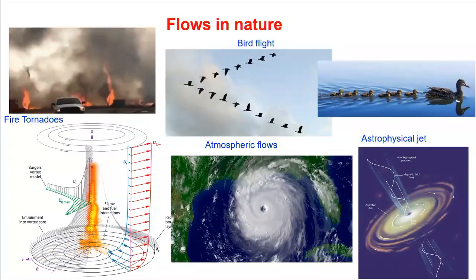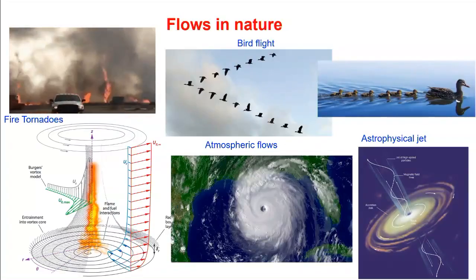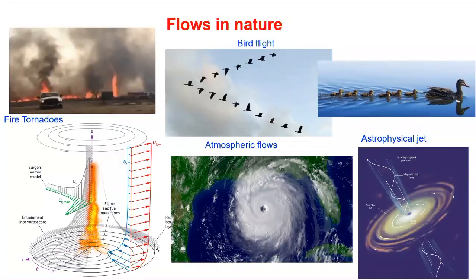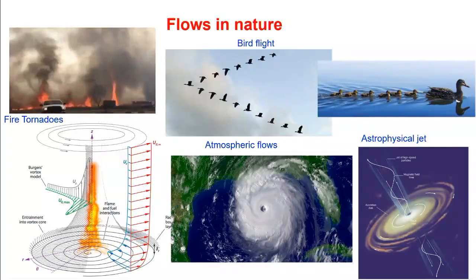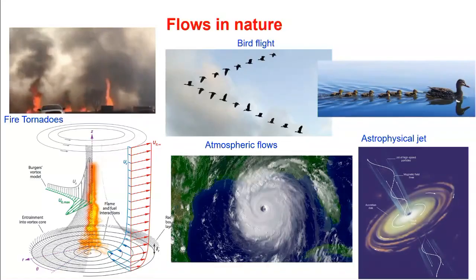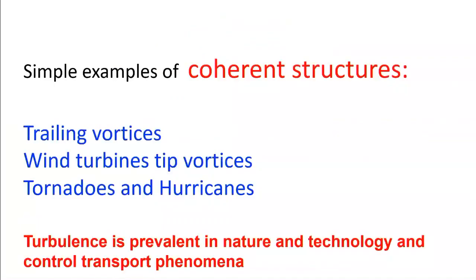To understand why birds fly in a V formation, they essentially take advantage of the vortices left behind by the first bird, and also why birds fly one behind the other, taking advantage of the wake. Understanding the difference between the two is a vortex dynamics problem. So these are examples, like trailing vortices and wind turbine tip vortices.